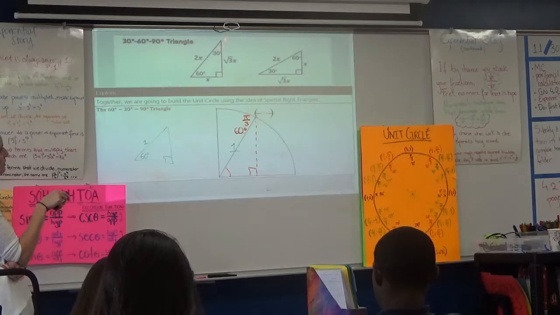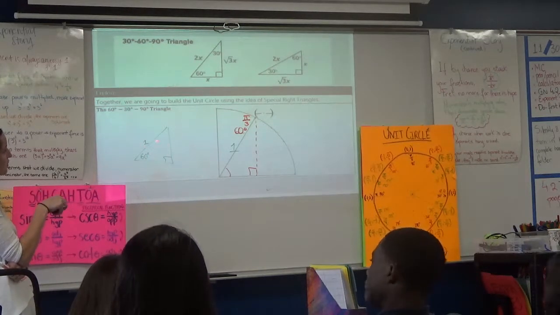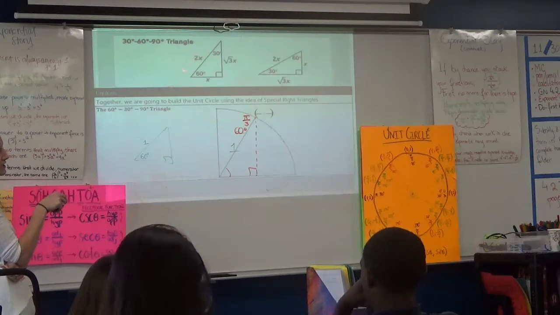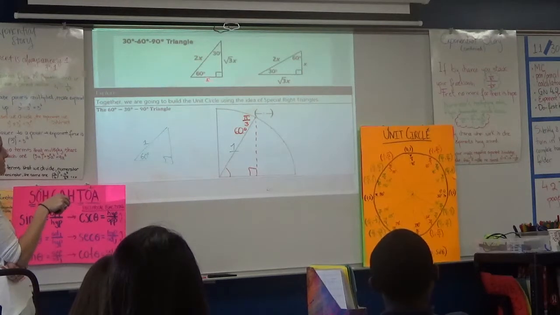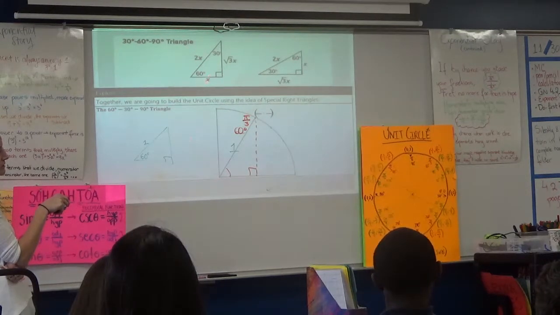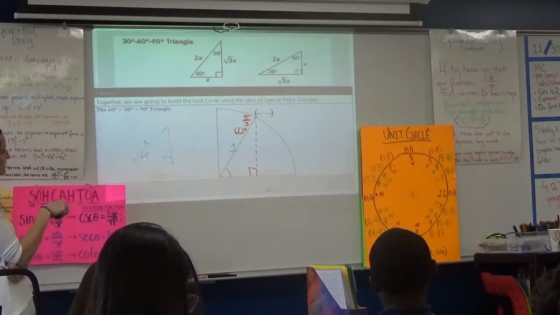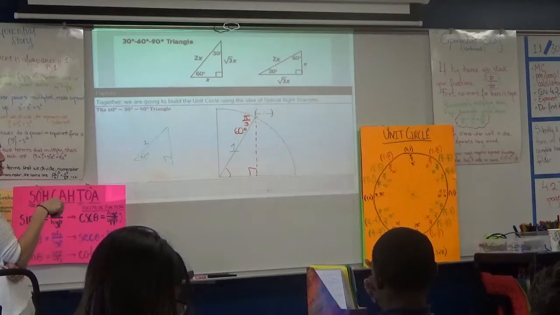And this other leg right here is root 3 times the size of that one down there. Okay? So let's use that to try to solve our triangle. If our hypotenuse is 1 and it's twice the size of this one down here, what's the length of the bottom if this is twice? Jimmy?